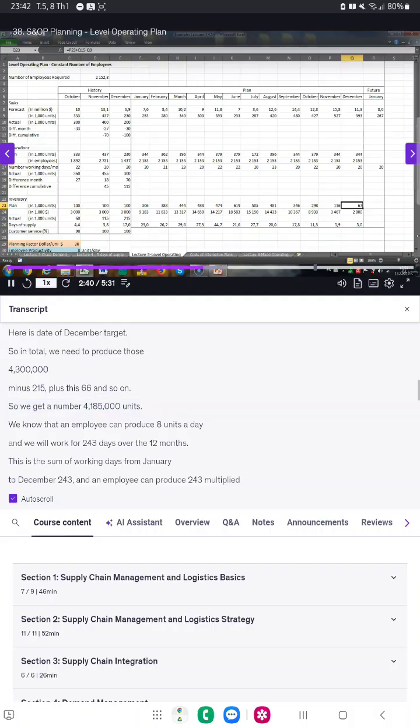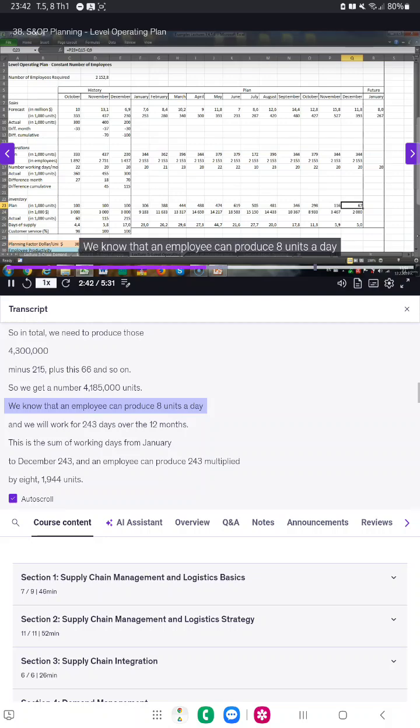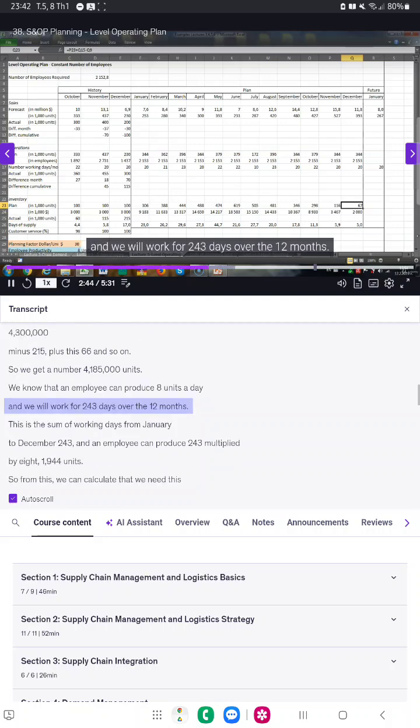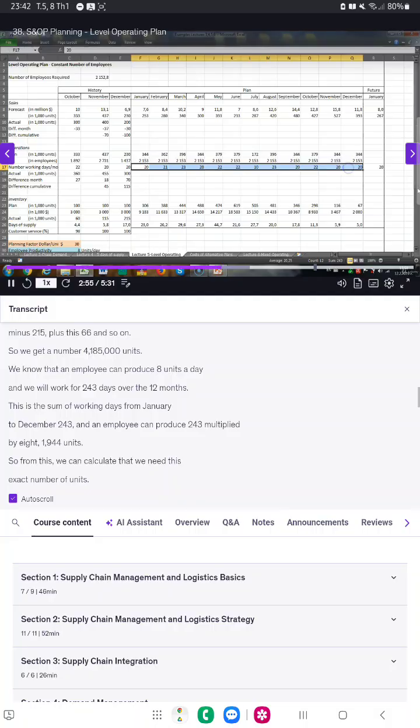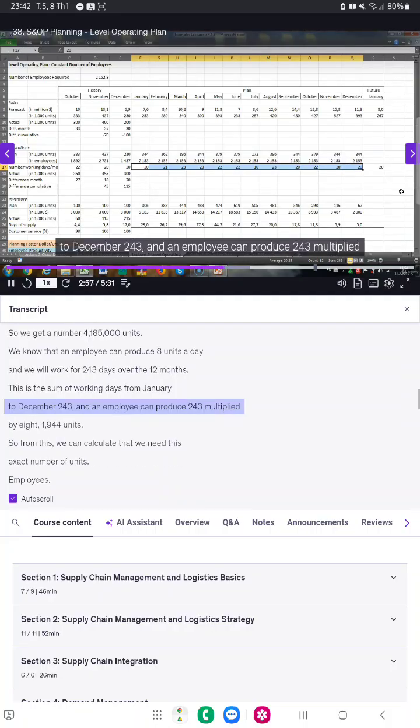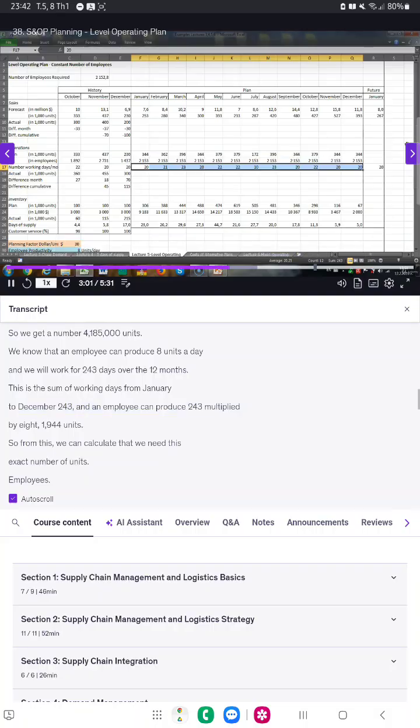So we get a number 4,185,000 units. We know that an employee can produce 8 units a day, and we will work for 243 days over the 12 months. This is the sum of working days from January to December, 243.